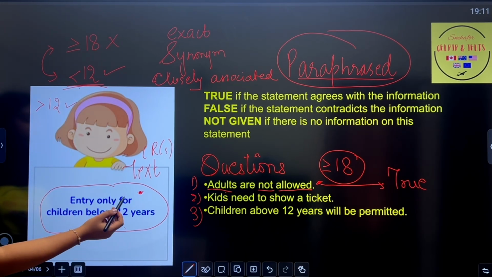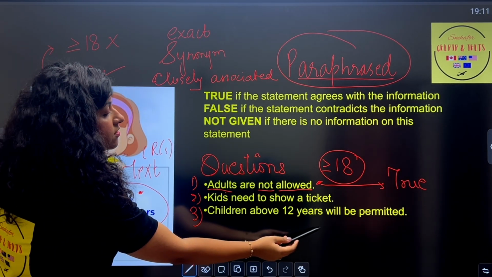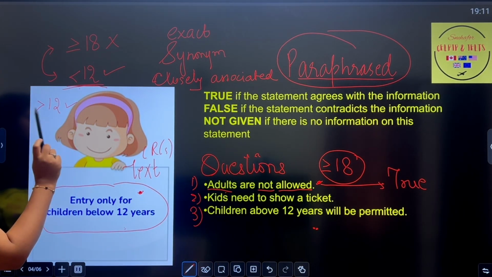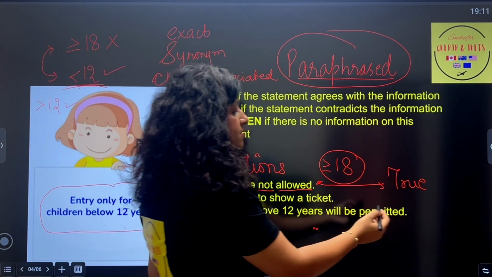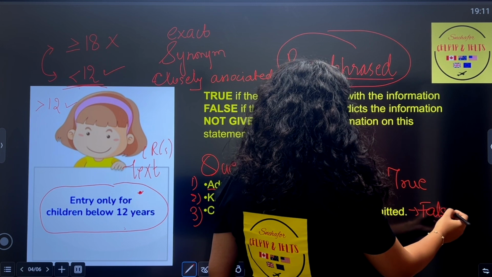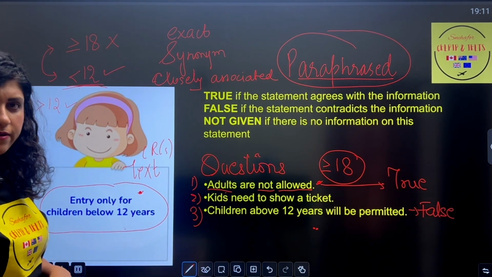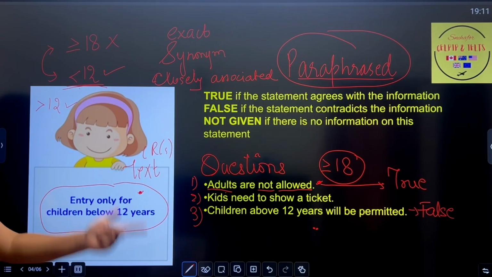No. Only children who are below 12 years, those are permitted. So information given in the question is exactly opposite to information given in the text. So this time my answer is going to be false. Right? Because both the information are contradictory, exactly opposite.